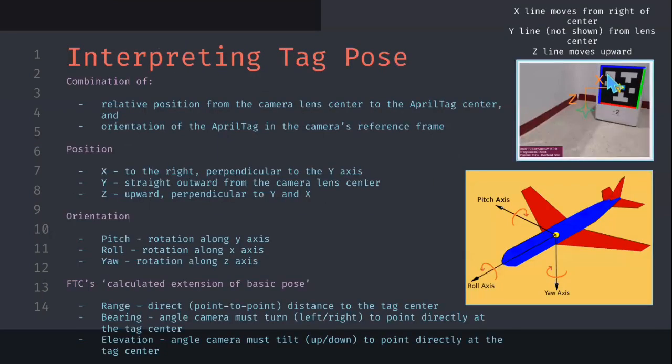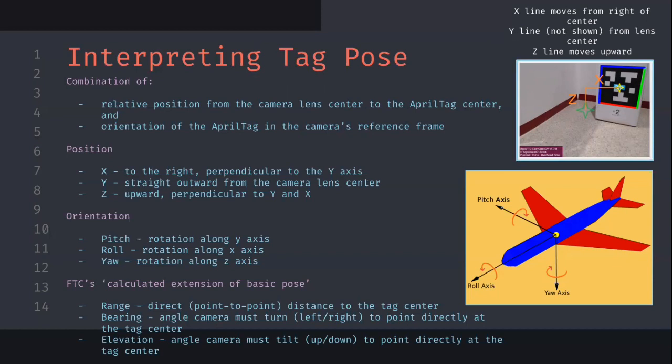Okay, this is how you can interpret the tag pose. The tag pose is a combination of the relative position from the camera lens center to the AprilTag center, and also the orientation of the AprilTag in the camera's reference frame. Starting with position, it consists of X, Y, and Z, where X is the direction to the right, perpendicular to the Y axis.